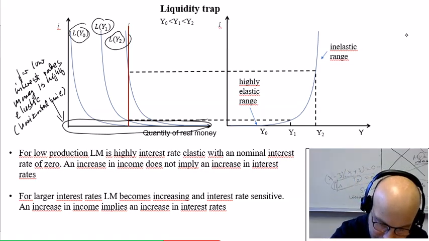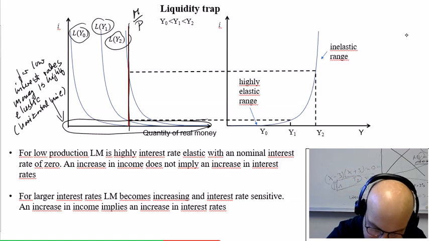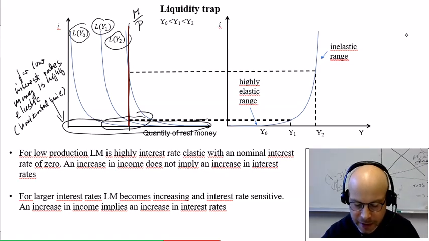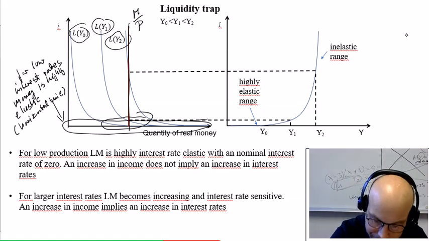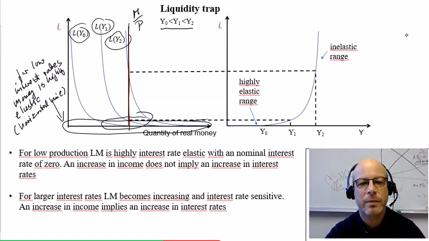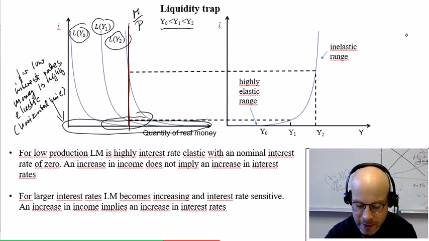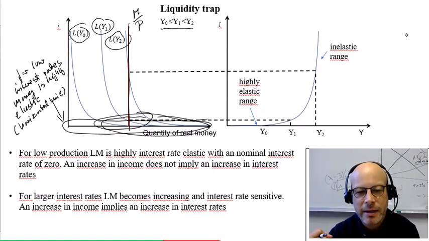This was our money supply, M over P. And if we come here from this very low interest rate part, increasing then our income, so y0 is smaller than y1, then y2, then within this low interest rate part, our LM curve doesn't vary very much.